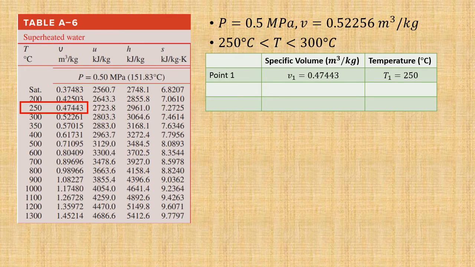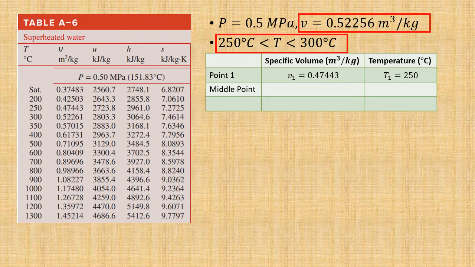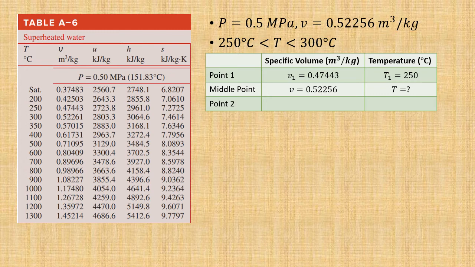Next, we have the middle point with the unknown temperature and its specific volume. We will denote these as T and V. Lastly, we have point 2 with a temperature of 300 degrees Celsius and its corresponding specific volume value. We will denote these as T2 and V2.